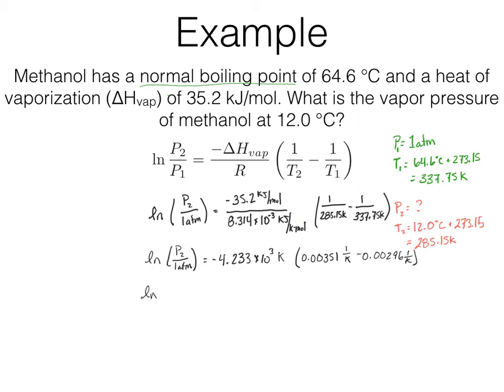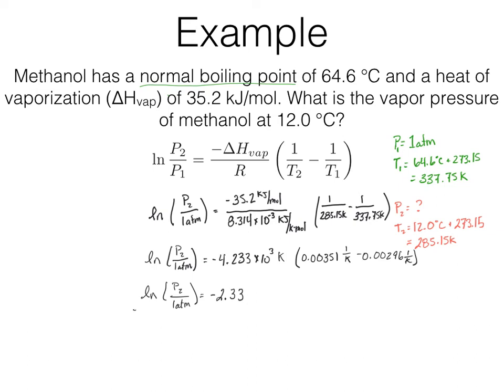And so the natural log of P2 over 1 atmosphere, if I subtract these two numbers and multiply by what's in front, is negative 2.33, and this is now unitless.